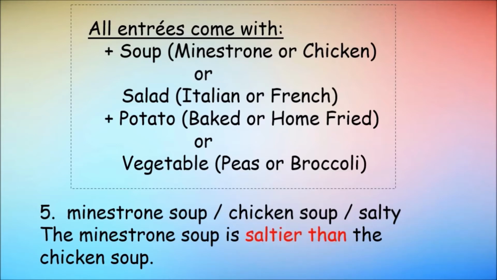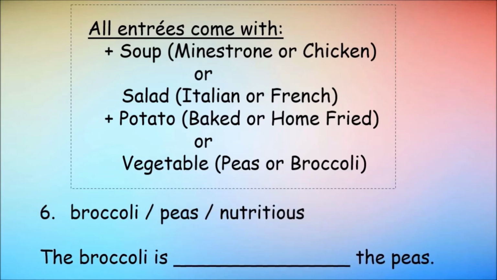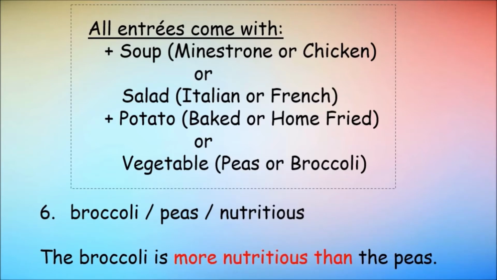The minestrone soup is saltier than the chicken soup. The broccoli is more nutritious than the peas.